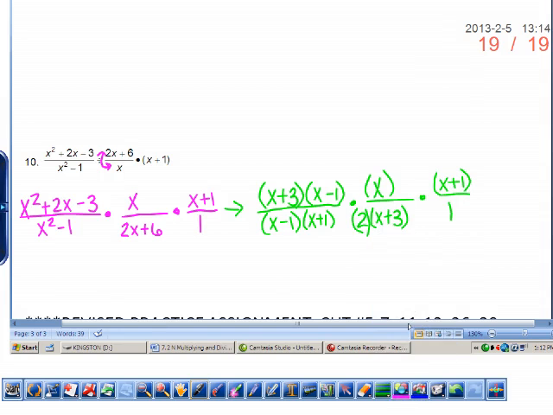All right. What can x not equal? Plus or minus 1. Negative 3. Anything else? Good. Where are you getting the 0? Yeah, that original x. All right, x plus 3's cancel. x minus 1's cancel. x plus 1's cancel. What are we left with? Over 2.